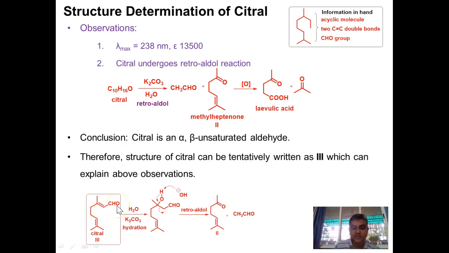CHO gives a test with Tollens reagent. It forms the oxime derivative, and here a retro-aldol condensation can be understood. The reverse of aldol condensation can be understood in the form of this mechanism. First of all, hydration will occur. That gives a beta hydroxycarbonyl compound called an aldol, and then it forms a retro-aldol product, that is methylheptenone and acetaldehyde. So in this way we have reached the structure of the citral molecule.